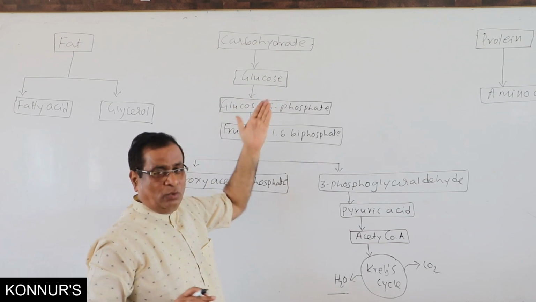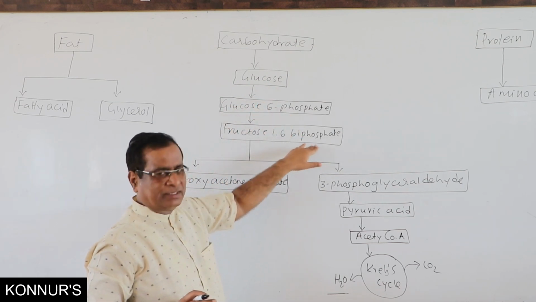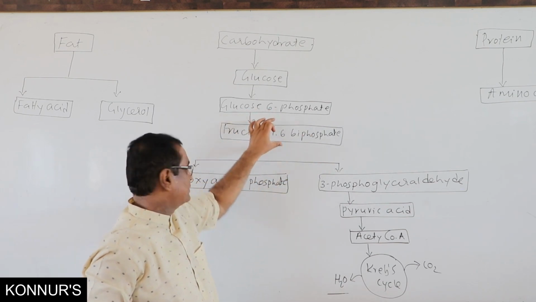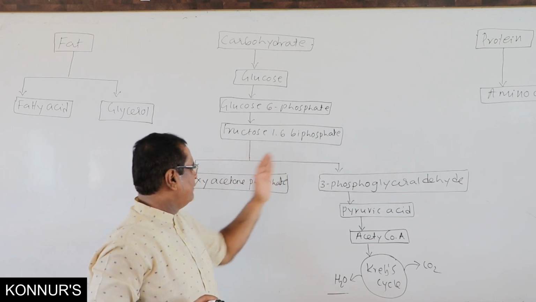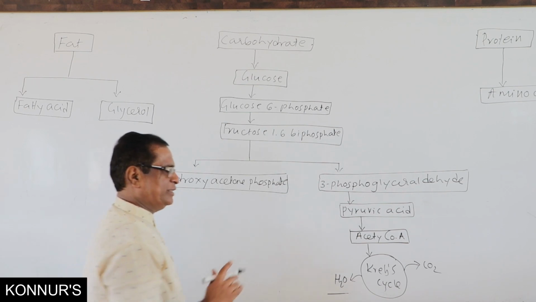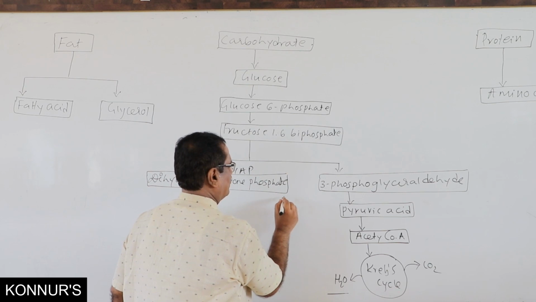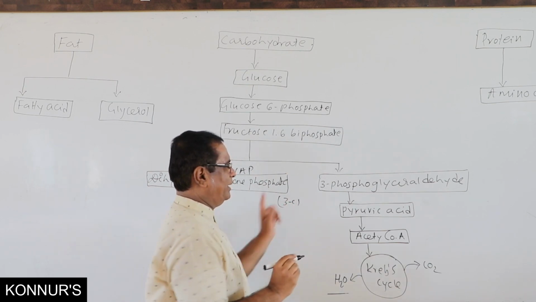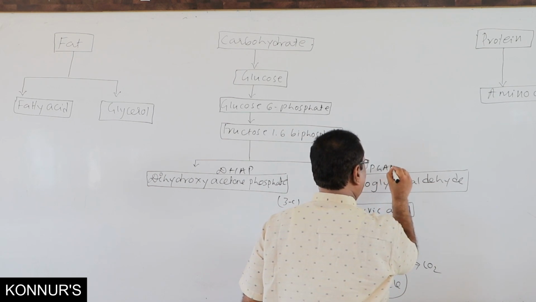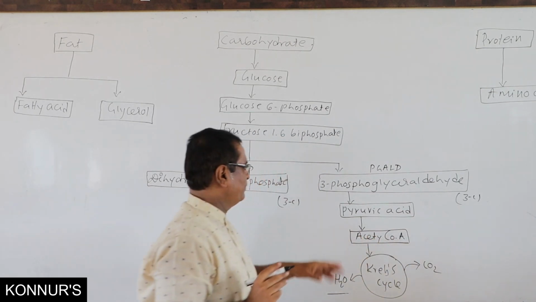In glycolysis you know the steps: glucose 6-phosphate, fructose 1,6-biphosphate. I have written only a few steps of glycolysis. Fructose 1,6-biphosphate splits to form dihydroxyacetone phosphate, DHAP, and its isomer 3-phosphoglyceraldehyde, PGALD, that you have noticed.